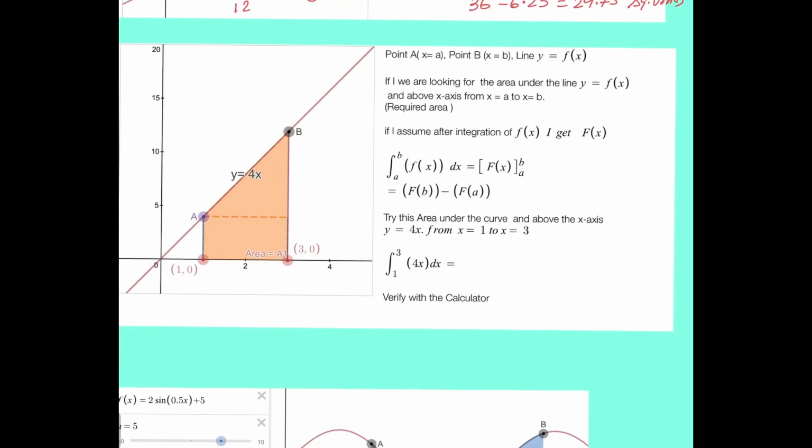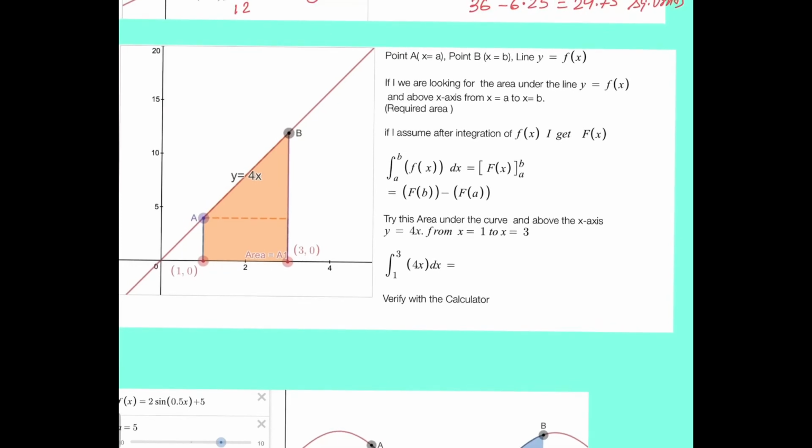So let's take one more example where the slope is not 0.5. So we have y equals 4 times x, and of course it is passing through 0, 0, and we are looking for the required area. So we can say the area under the line but above the x-axis from a to b.